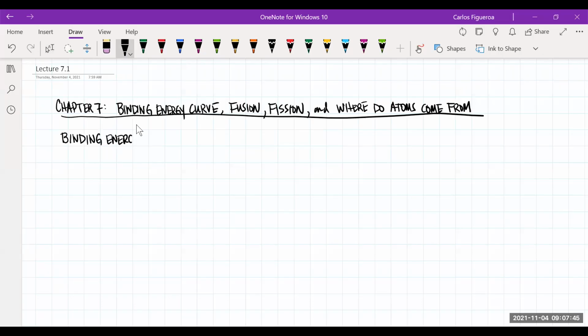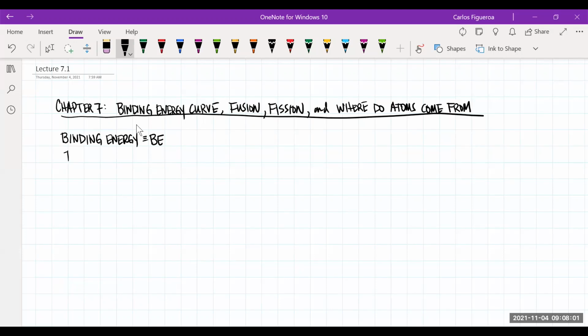One of the things that we talked about here is binding energy. And binding energy is a very good model for understanding what's going on. And what we said here is that the way we viewed the nucleus is like this.